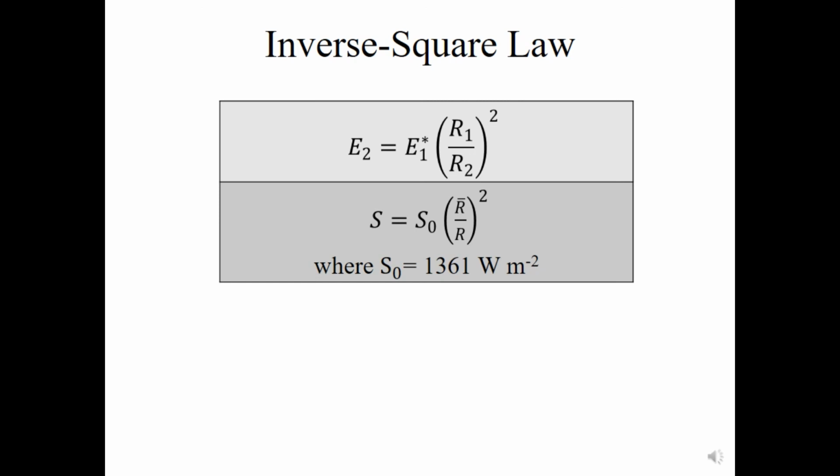If we want the solar constant at a given day of the year, then we basically have to compare our radius r with the average radius between the Earth and the Sun. So if our radius is a little bit further away than average, then our solar constant will be lower than 1361. And if we happen to be a little bit closer to the Sun than the average distance, then our solar constant S will be greater than 1361 watts per meter squared.